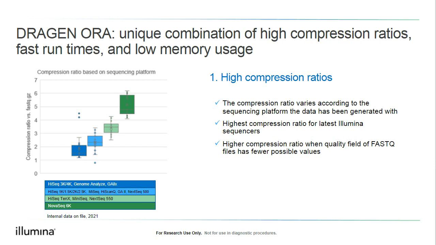That starts to diminish as you go to our older instruments like the HiSeq 3000 or 4000. So depending on what sequencers you have, you will see varied compression ratios, but still the compression would definitely be improved from what you would get from a FASTQ.gz file.